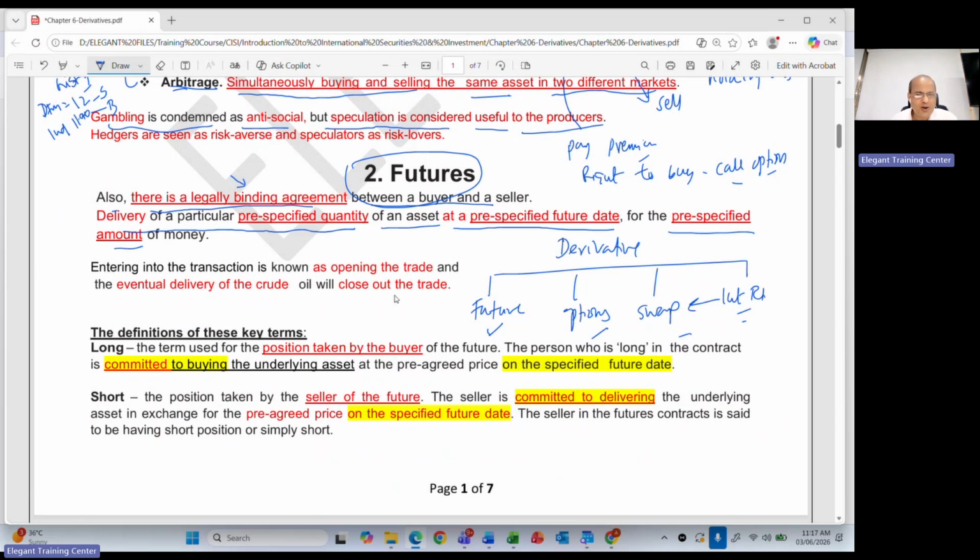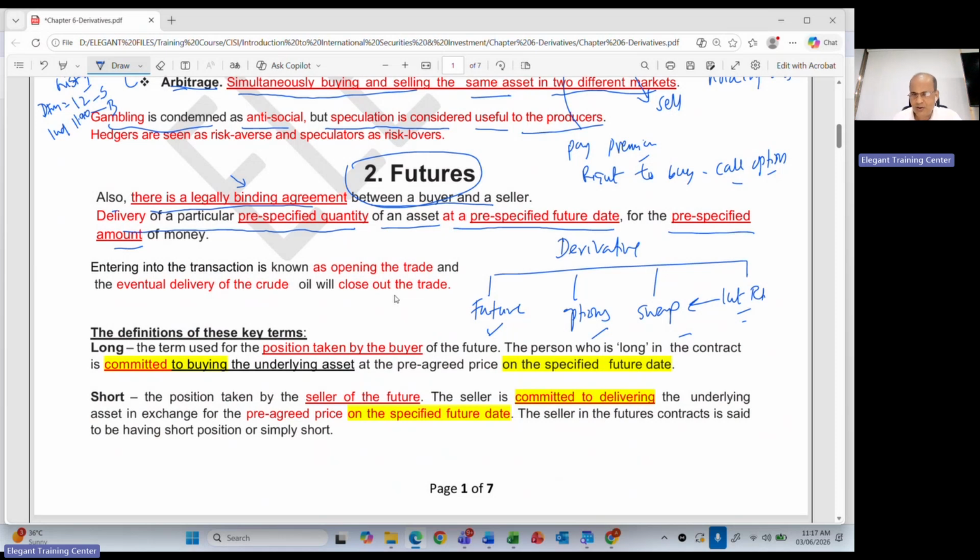Why are you buying gold future? To take advantage of rising or falling prices, right? So basically, you are trading on the price. You are not buying the gold. You are buying the gold future. You don't intend to buy physical gold. You are trying to make money out of the price changes. That is why you are buying gold future.